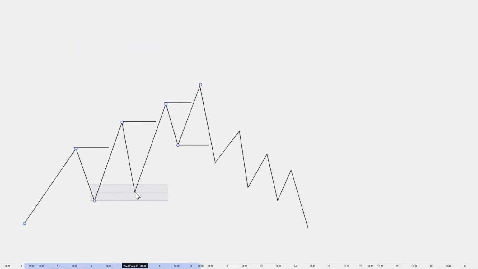Mitigation simply means price pulling back to the order block. So since price is yet to pull back to this order block, it remains unmitigated. So the order block is valid and we can go ahead and trade it. Very, very important. And another thing that makes the order block valid is it breaks structure. So that's why I said you need to pay attention to break of structures.